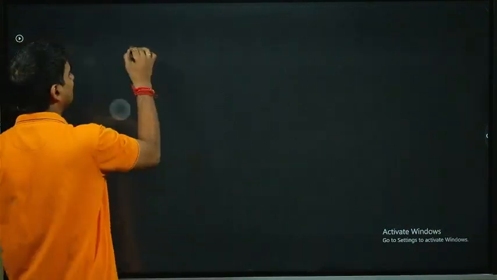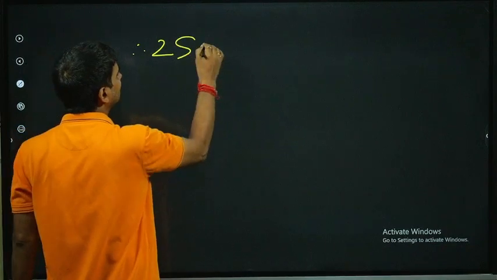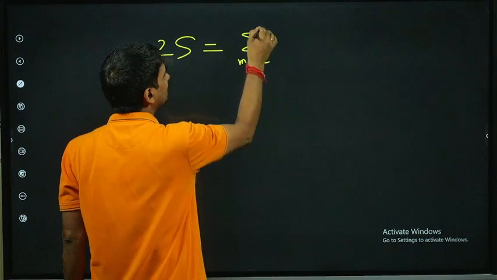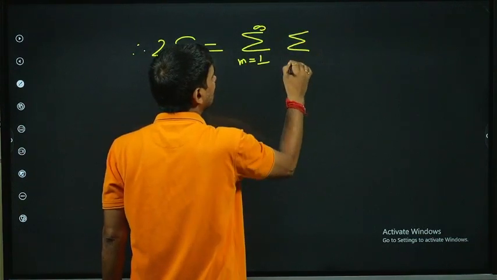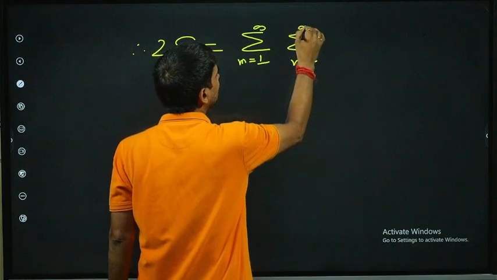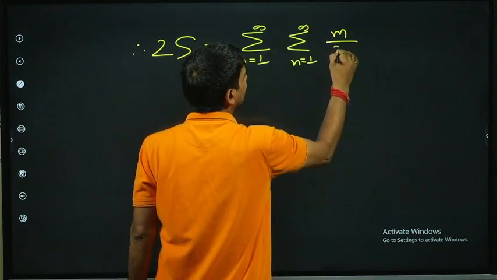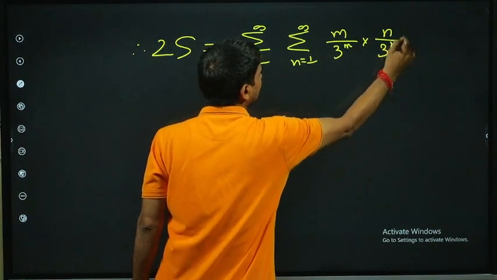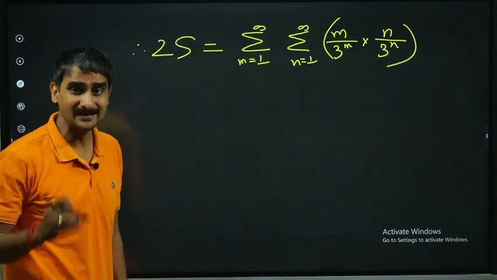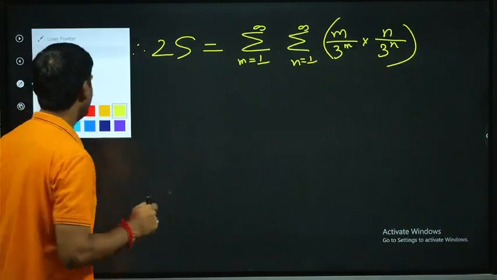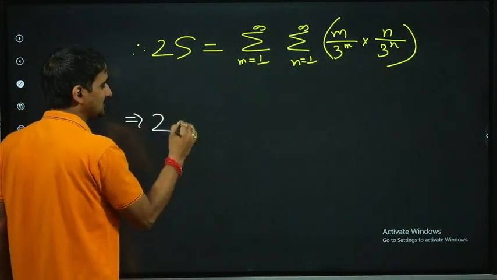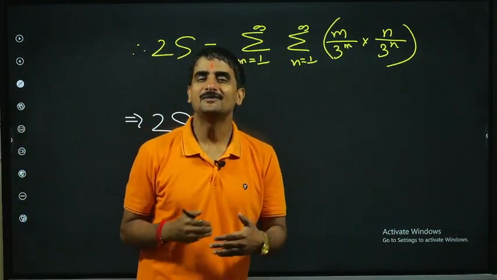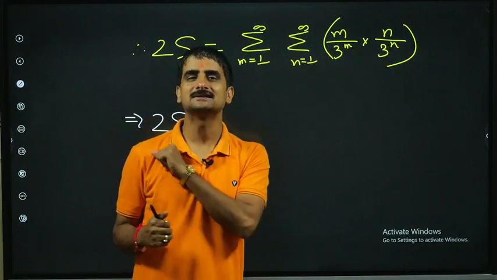So what are we left with? Therefore 2S is summation m goes from 1 to infinity, summation n goes from 1 to infinity, mn over 3 raised to the power m plus n. We can write it, can't we? And as m and n are independent, for variable n, m is a constant, and for variable m, n is a constant.